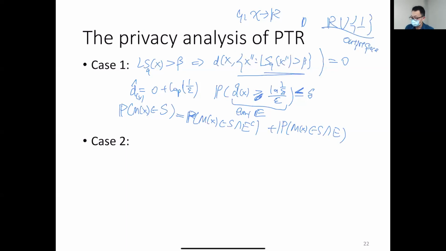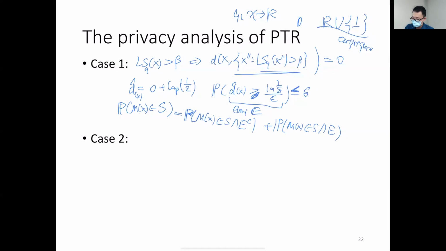Because E has low probability, we know that the second part of this is smaller than delta. For the first part, whenever we intersect with E complement, this is already ensuring that the output is equal to perp.